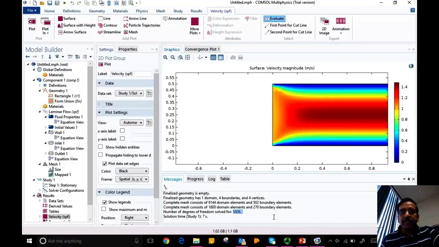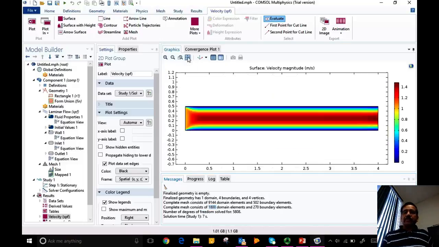What does that mean? I have as many equations, 5,800 equations. So at every grid point, this is a two-dimensional problem, right? I will have U and V and P. So there are 3 equations at every grid point. Okay, and it probably has a number 1,800 elements. So multiplied by 3, roughly 5,000 equations.